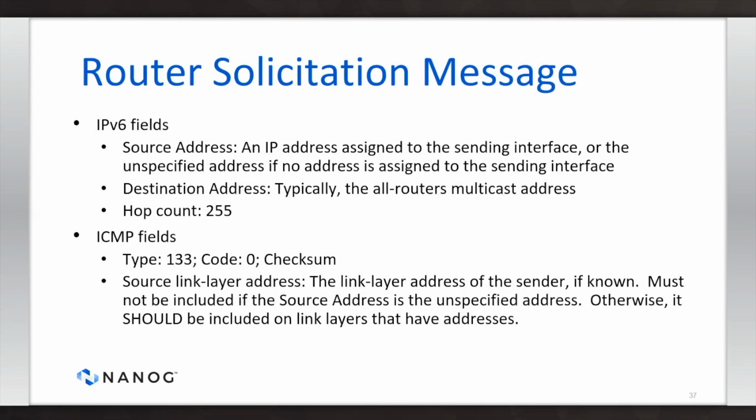So let's talk about this router solicitation message. It has IPv6 fields, the things in the IPv6 header, and ICMP fields, the things that are in the payload. The source address is an IP address assigned to the sending interface, or the unspecified address if no address has been assigned yet. So let's say for a minute that a node has just come up.